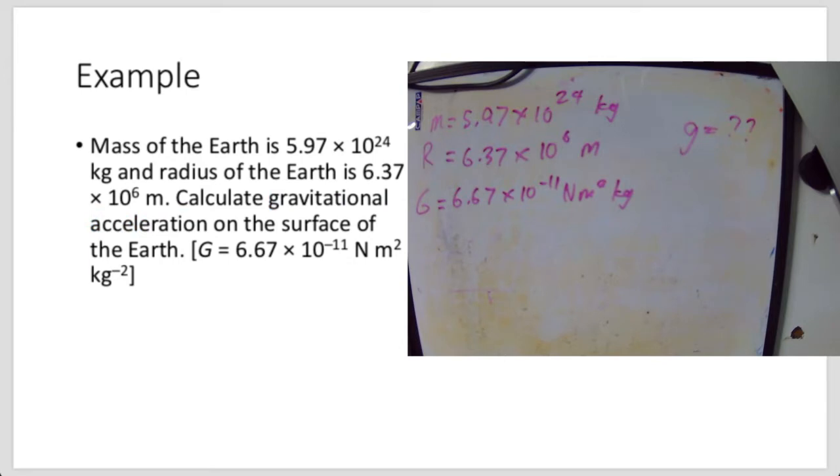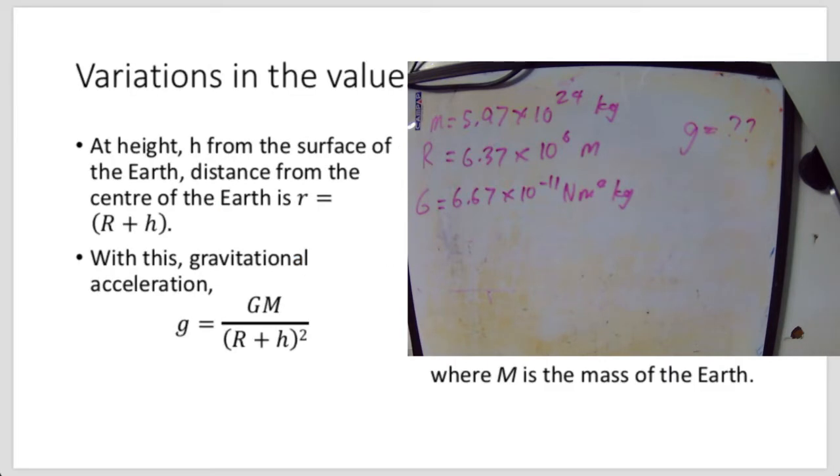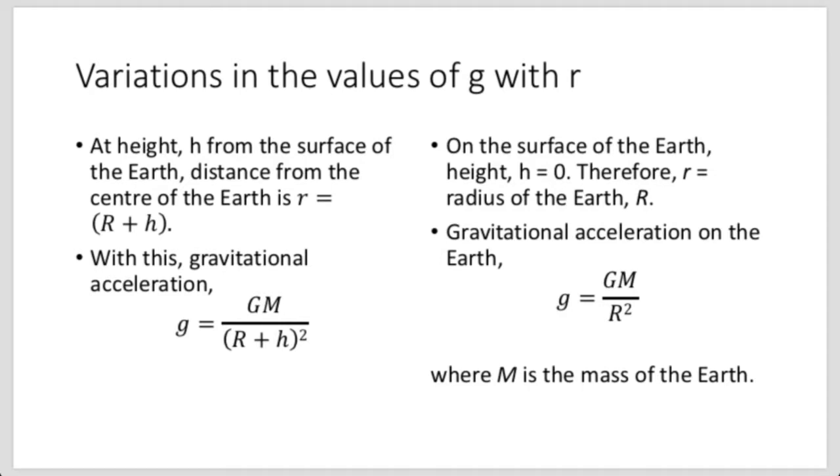All right, so take out your calculators. Let's calculate this. So what is the formula that we're going to use? Since we are on the surface of the Earth, like in the question, this is the formula that we're going to use.